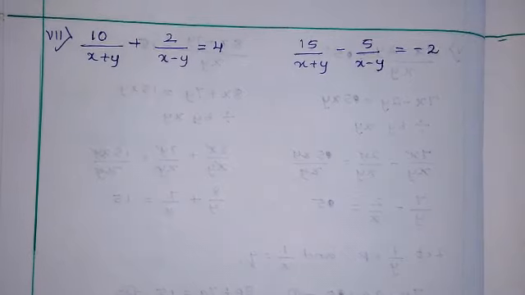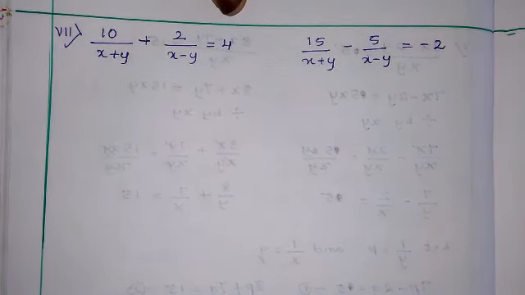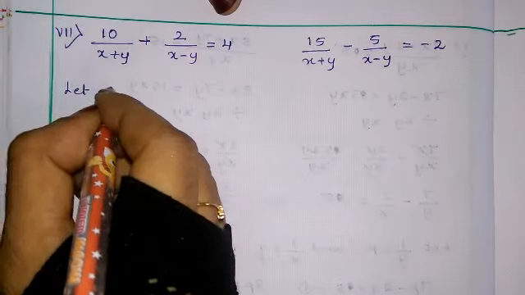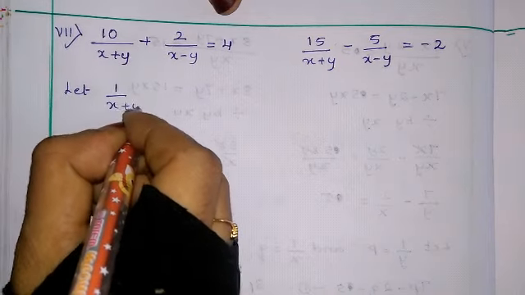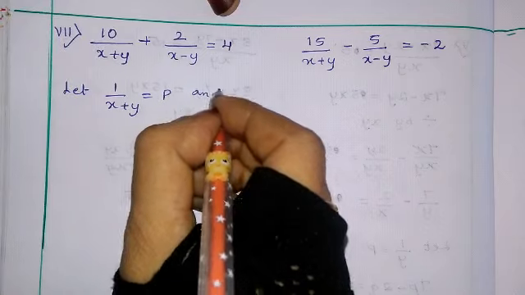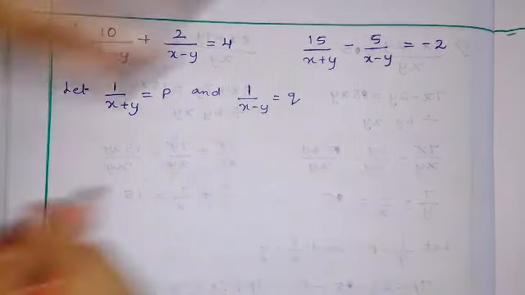So let us see the 7th one. Let 1 by x plus y is equal to p and 1 by x minus y is equal to q. Exactly the same.